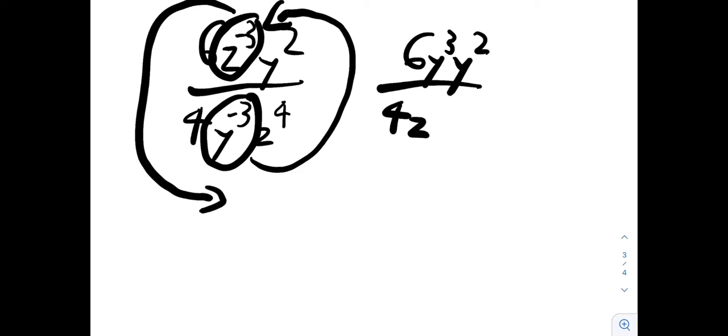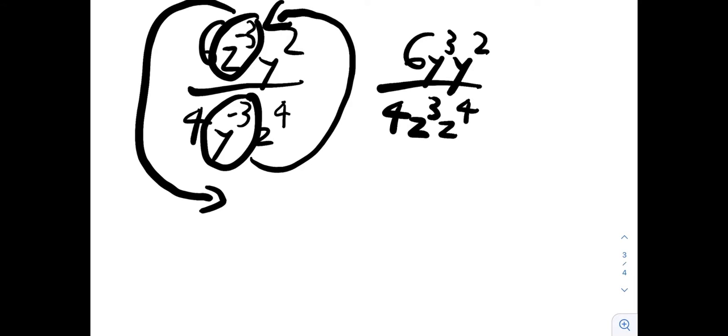And so when we rewrite it, we get 6 times y to the power of 3 now, y to the power of 2 over 4 times z to the power of positive 3 and times z to the power of 4.